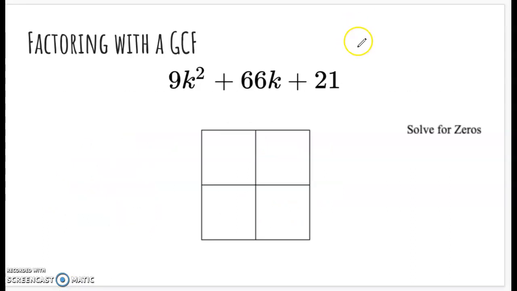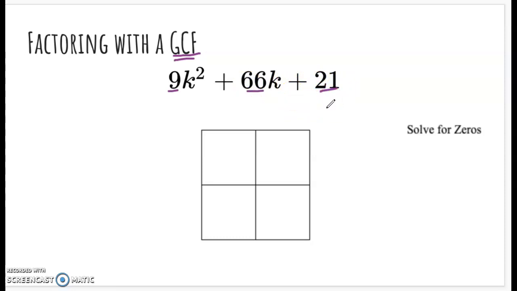So now that we're really comfortable with factoring just our basic polynomials, we want to take a look at polynomials where we have sort of this GCF or greatest common factor occurring. And what you might notice is hey, 9, 66, and 21, oof, those are big numbers for us to try and factor out.